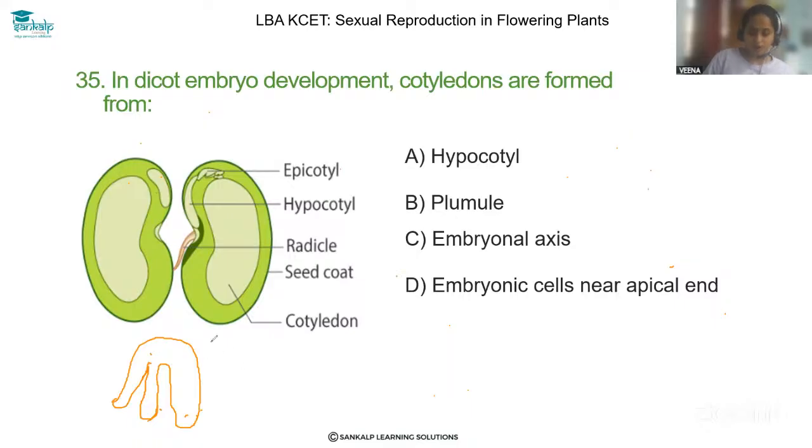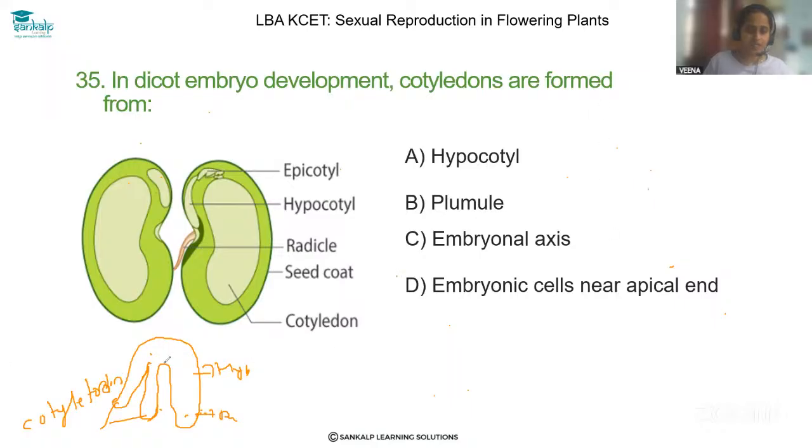So this is the dicot embryo. Here the hypocotyl will be there, the radicle, and then these two are cotyledons, right? The question is, cotyledons are formed from.